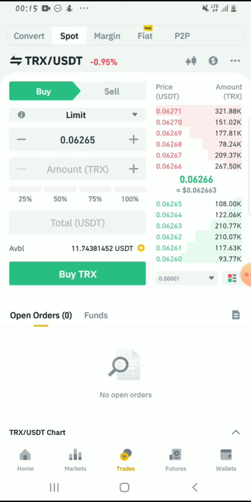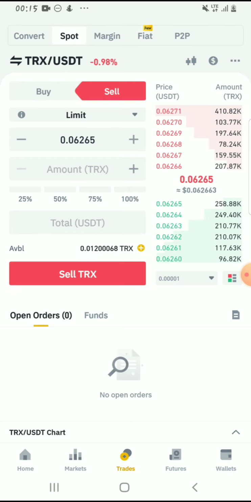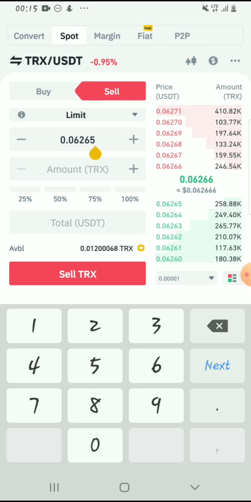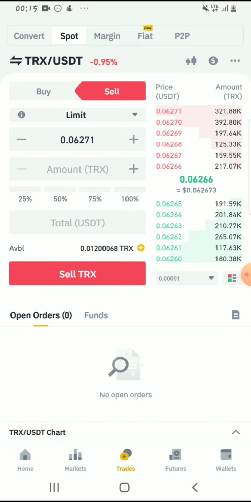Take note that if the price doesn't drop down to my desired price when I want to buy, the order will not complete and my dollars in my account won't be spent. The same way, if I want to sell and I set a higher price, maybe 0.06271, and the price goes to 0.06270, this order will not complete.